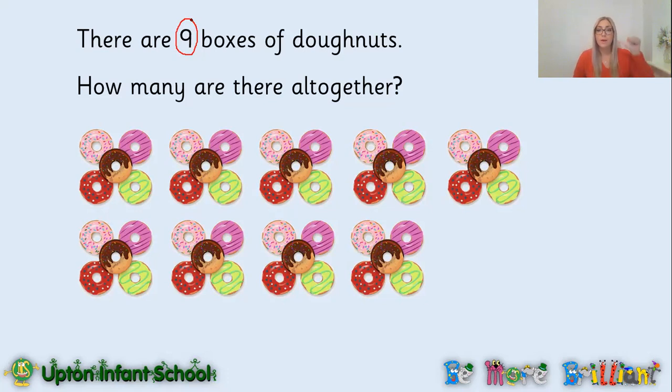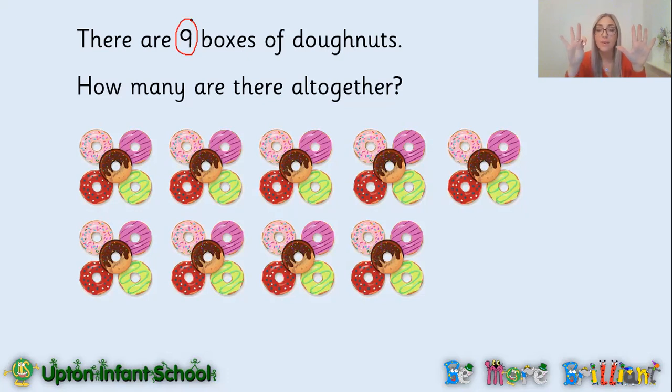Okay, 5, 10, 15, 20, 25, 30, 35, 40, 45. I have got 9 fingers. The last number I said was 45. Okay, or I could do it the other way. I could have 9 fingers up already, and I'm going to put a finger down every time I say a 5.